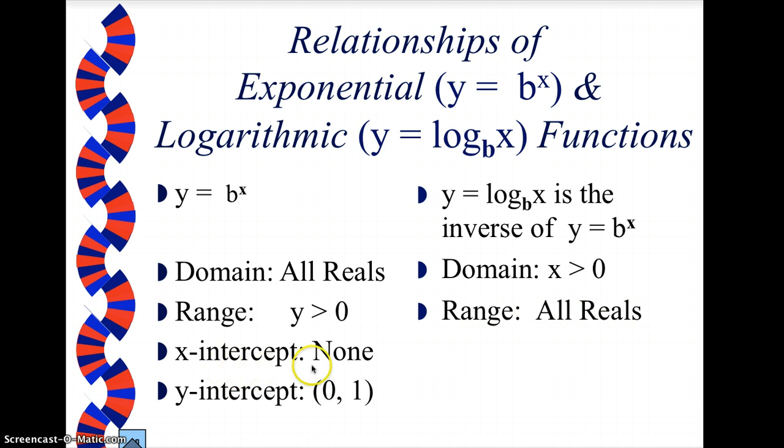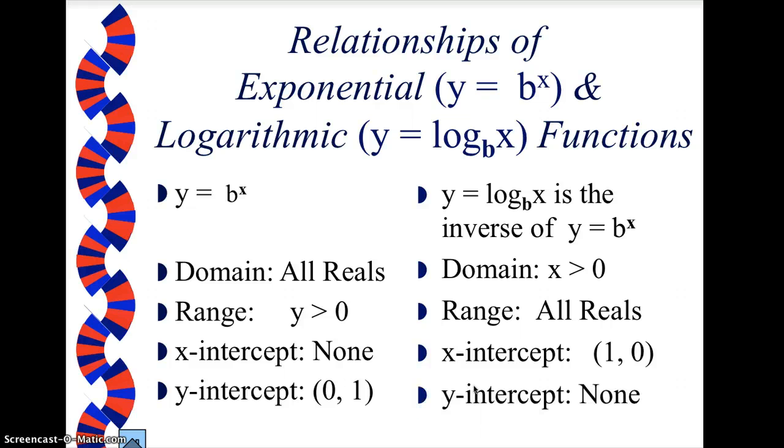If in exponential you don't have an x-intercept, for logarithmic function you will have an x-intercept, but it's going to be (1, 0). So your x coordinate is 1 and your y coordinate is 0. I know now that you will know what will be the last one. The y-intercept in logarithmic function is non-existent.